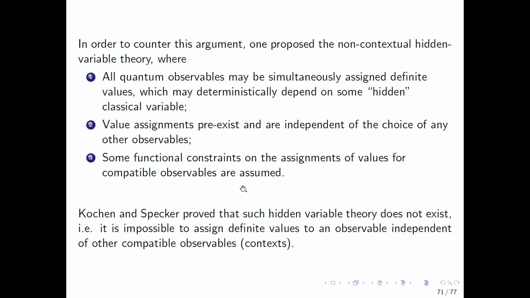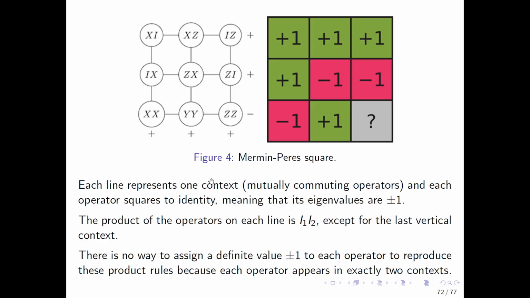So the simplest proof is what we call the Mermin-Peres square, which uses two qubit states. Assume that you have two qubit states, and on your two qubit states, what you can measure is the Pauli matrices. So these are all the possible Pauli measurements that you can perform on two qubit states. The idea is that you arrange your measurements in such a way that each of these lines represents a context.